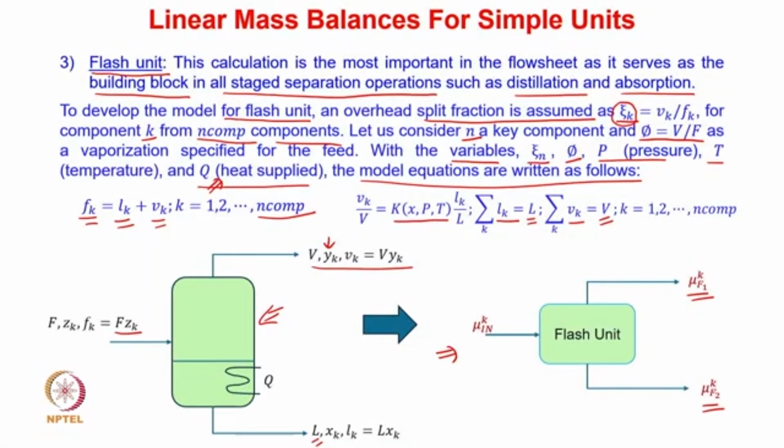So clearly the equilibrium relations have to be satisfied, and in order to make sure of that, some mathematical recalculations are done so that the values we are getting are consistent. Remember, in this case we start with the assumption of a split fraction, but whether that assumption satisfies the equilibrium relation or not, we have to check all the time. So there we require some trial and error. That part we are going to look at in the next slide.